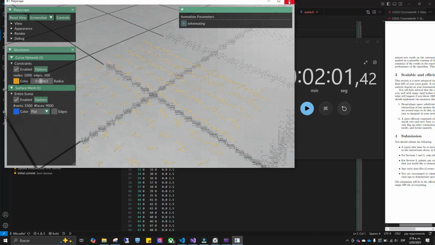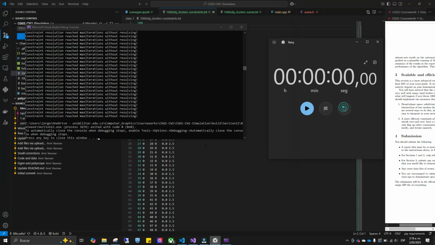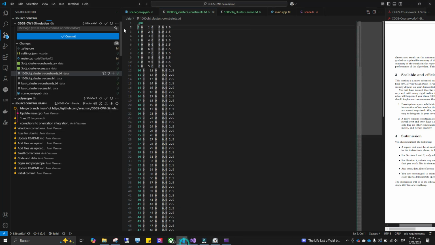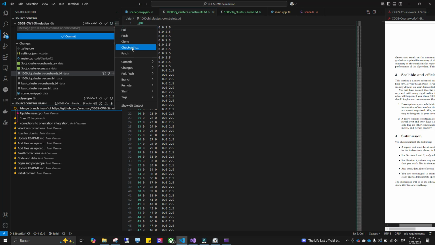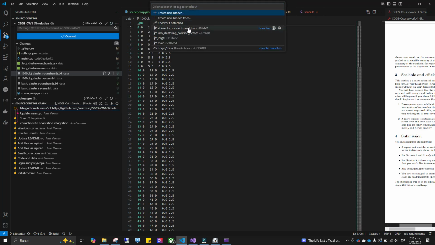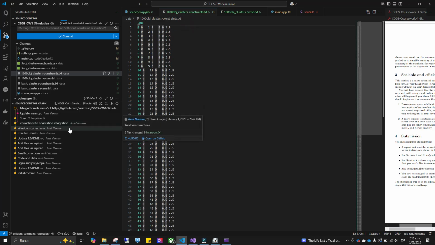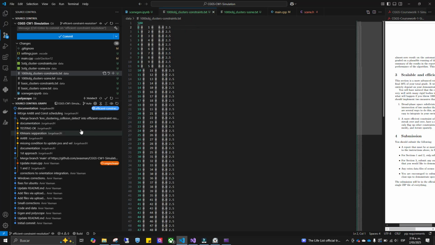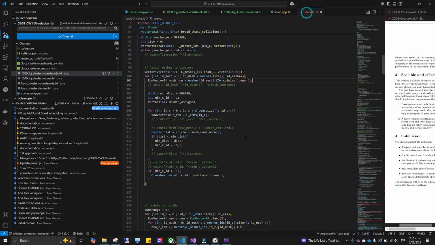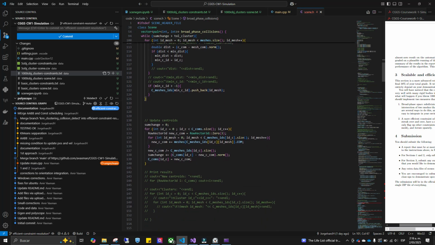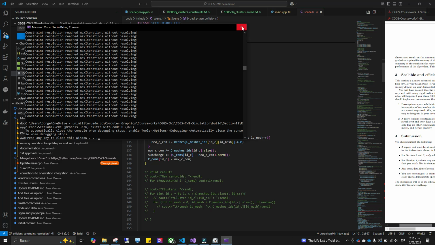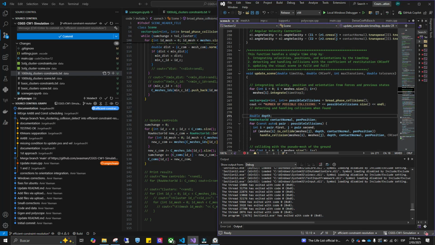So now I'm going to switch to the entire implementation. Here I merged both branches on which I have the whole implementation that I did for making this simulation much more efficient.